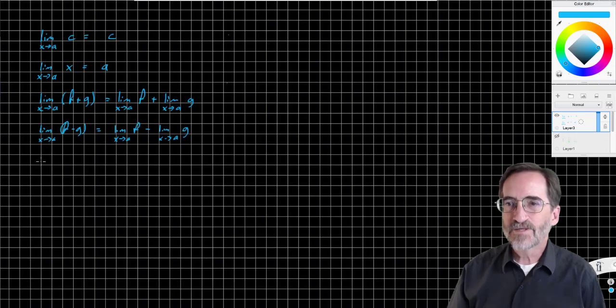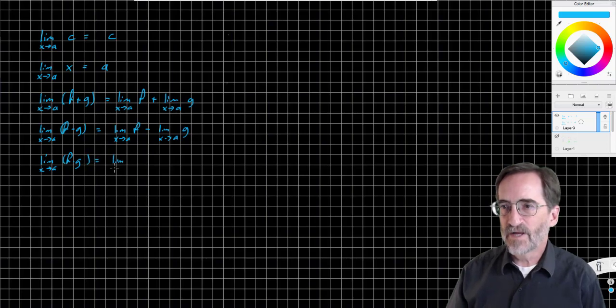The same can be said for products. The limit as x approaches a of f times g is the limit as x approaches a of f times the limit as x approaches a of g.